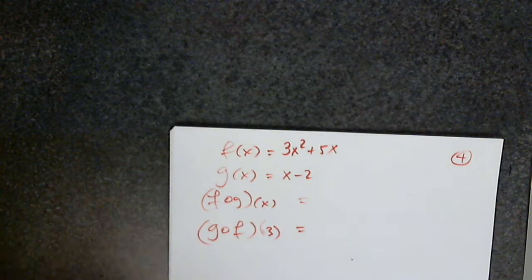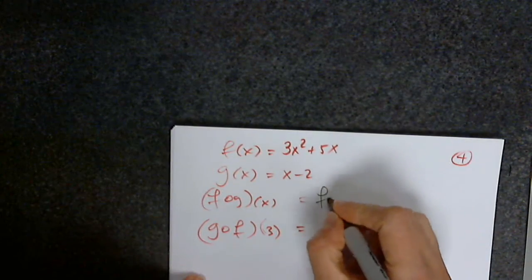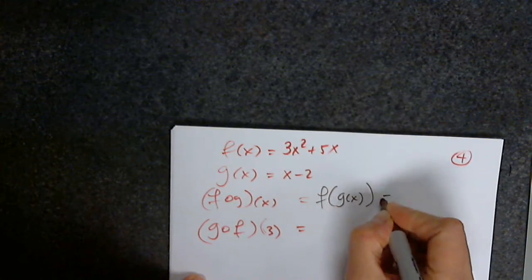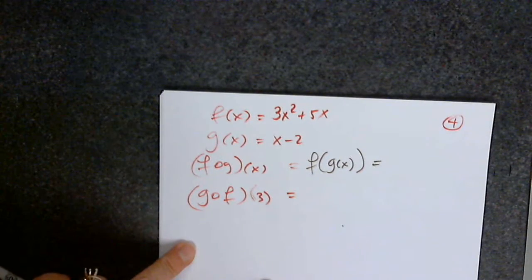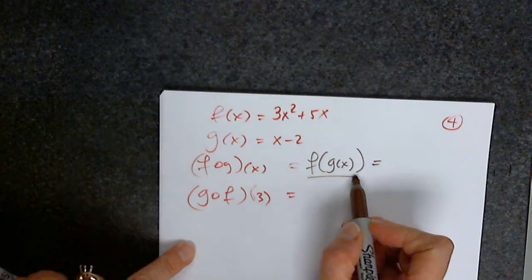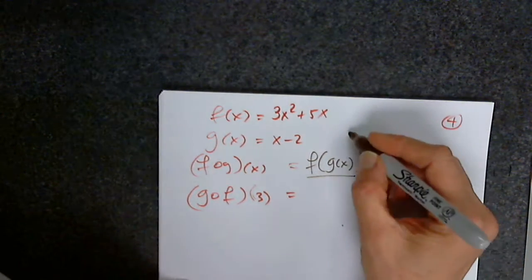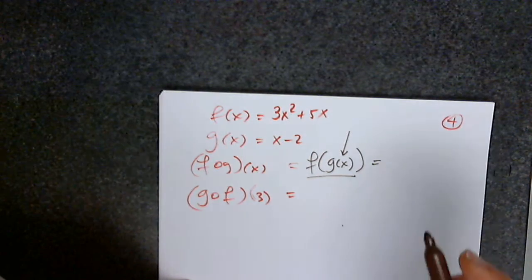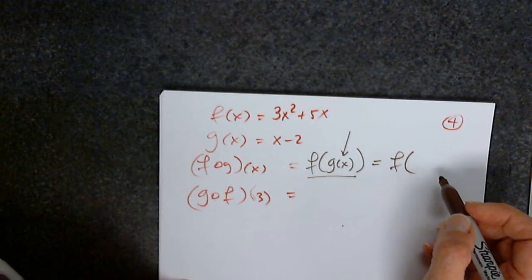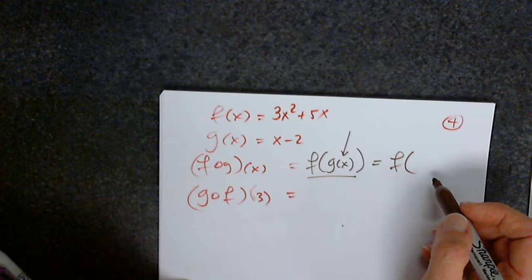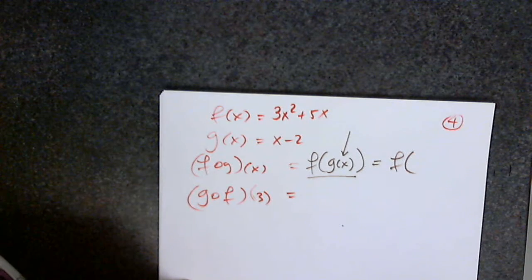So, f comp g. By definition, this is f of g of x. You must write the definition so you remember or you're on the right track of determining this. I have to replace g of x by what?